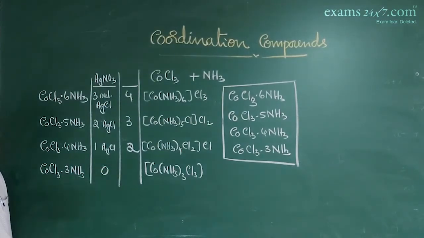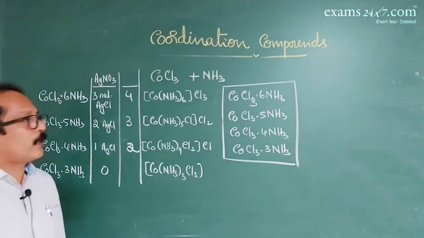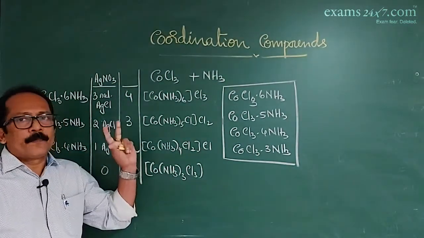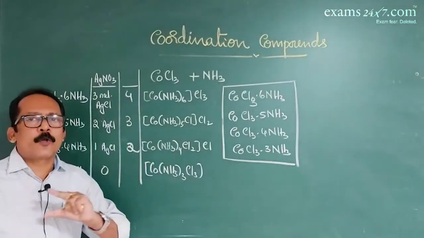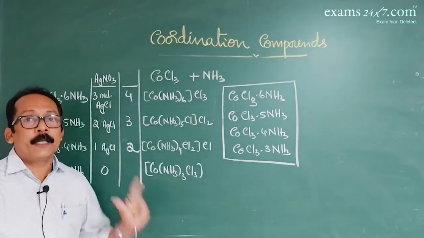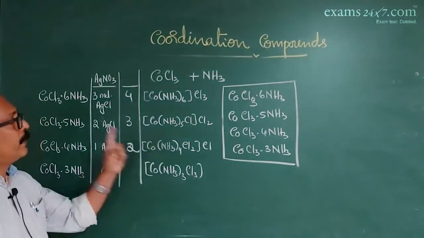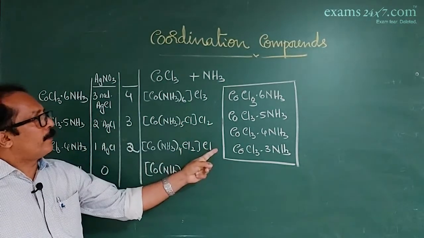So this is about the property of cobalt complex, and this concept is asked in almost all competitive examinations many times. So you have to remember how to identify the number of AgCl formed just by knowing the formula.